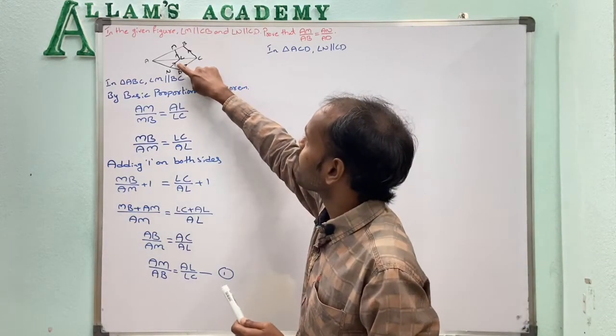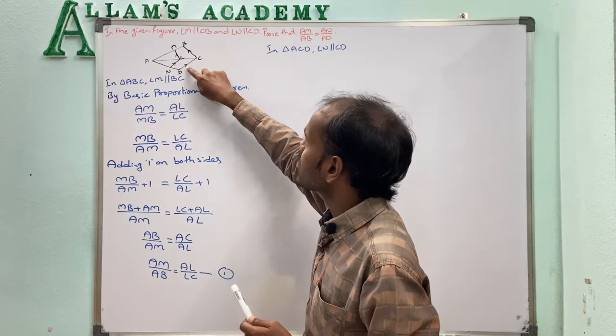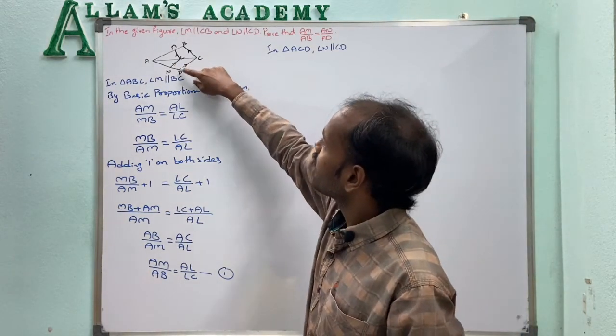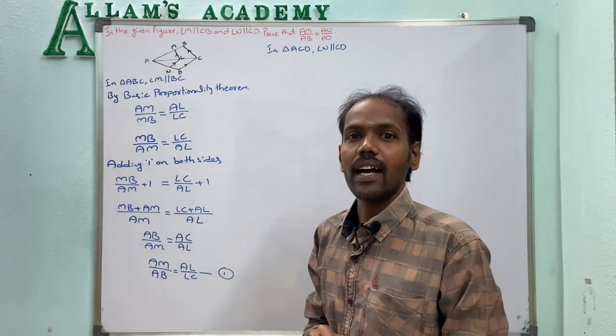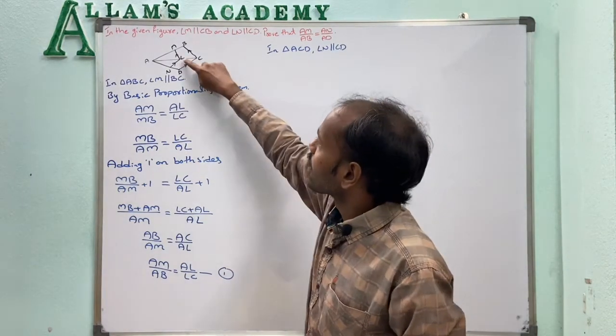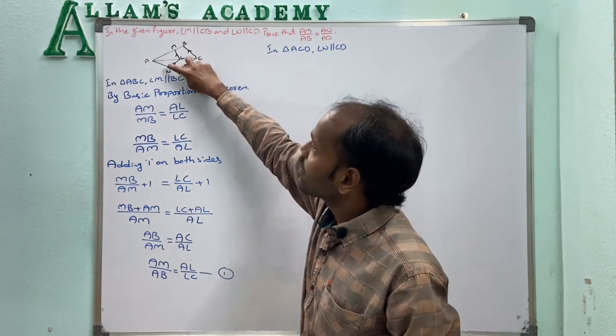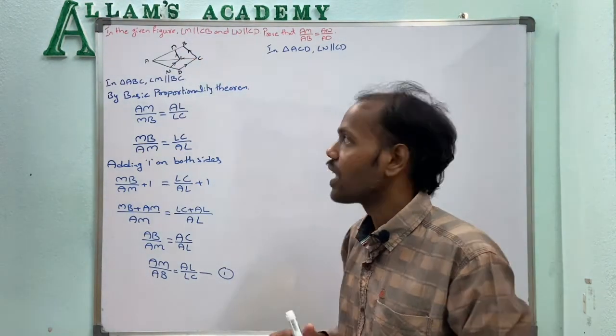Why? Because LN and CD are parallel line segments.